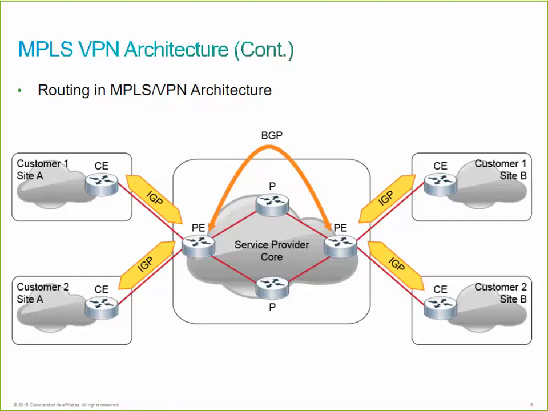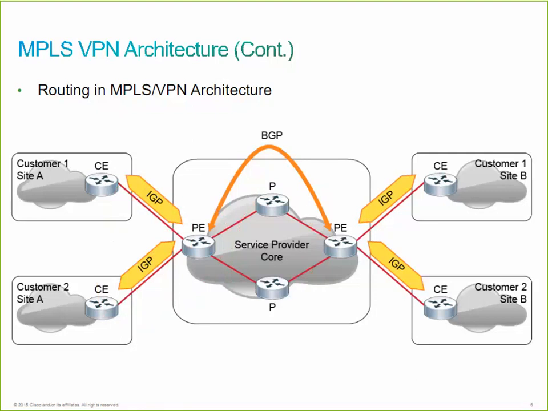Okay? The next component is the provider edge router. The provider edge router obviously is located at the edge of the MPLS service provider cloud, and it's connected to the CE router on the LAN side, or on the outside of the cloud, and then it's connected to these P routers on the inside.